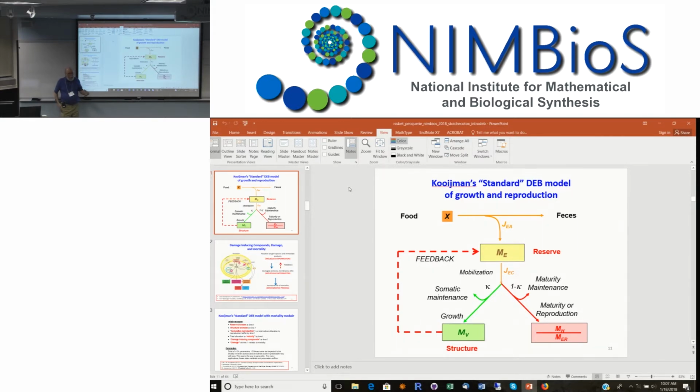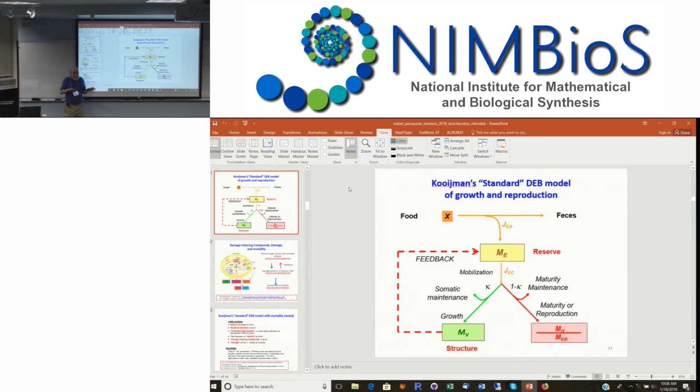This is perhaps one of the more controversial bits in the standard form of the theory, and in part it's another case where the controversy is overstated. The important point here is that if I forget about this term, which is often quite small, the partitioning is to growth and maintenance on the one hand, and let's talk about an adult, to reproduction on the other.